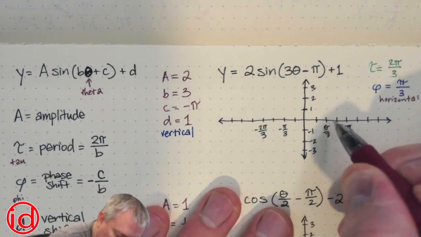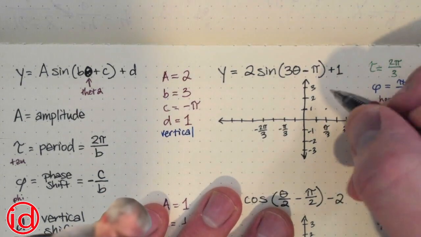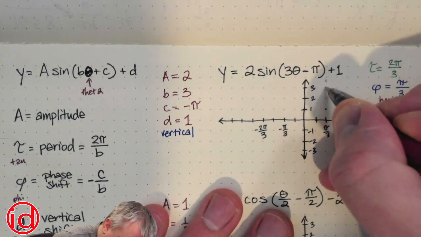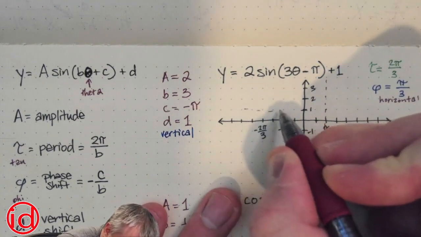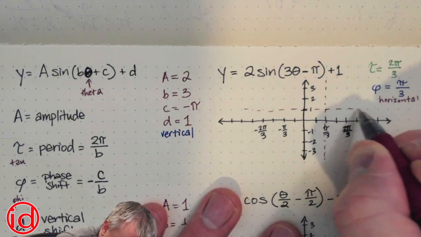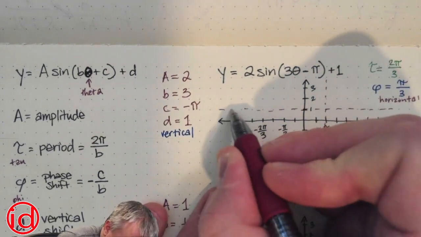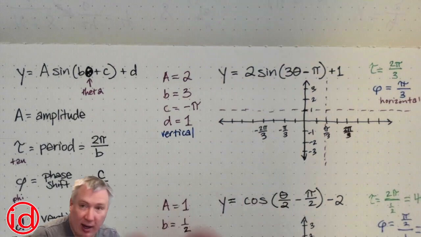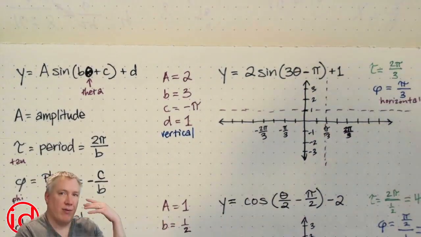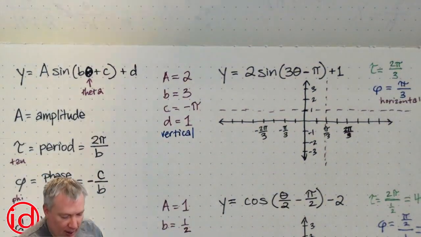So if I move right to pi over 3 and up 1, that's here. And at that point I'm going to create some dashed lines as my new origin from which to base this graph. Now you don't have to do this, but this is what I do to help guide those interactions that we've learned in the past.